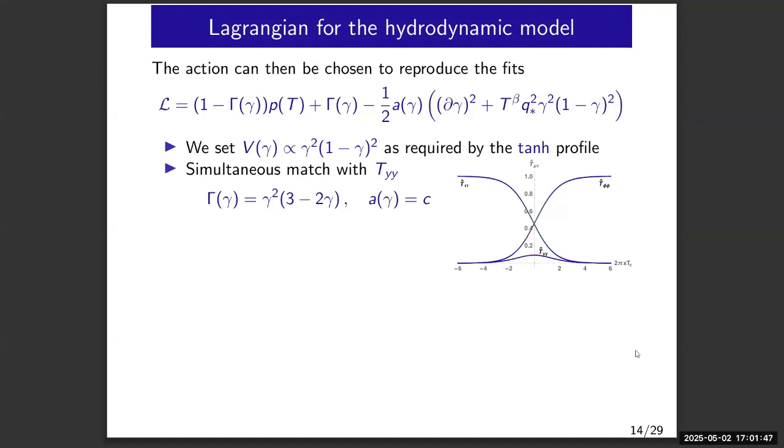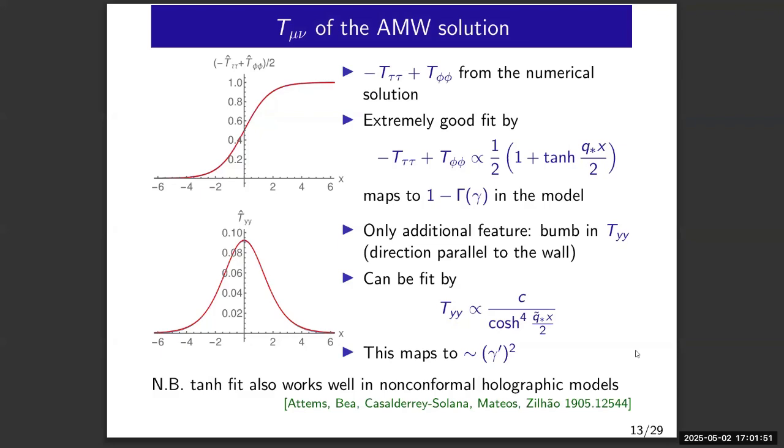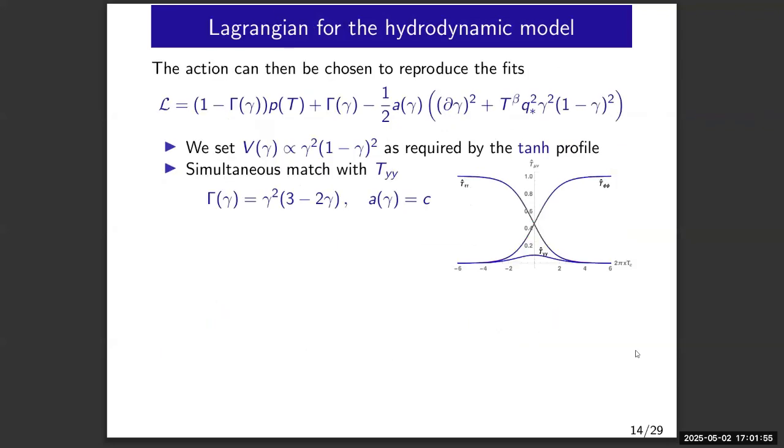And a simultaneous match with this bump in this TYY can be obtained if we, for example, make this kind of choice for this capital gamma and small gamma relation here, and set this A factor just to a constant.